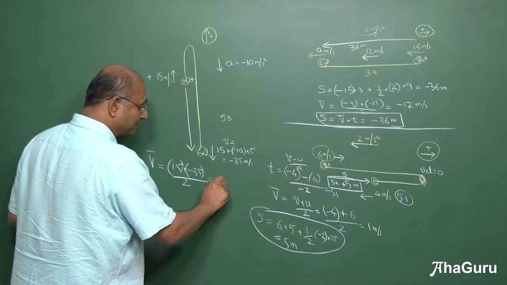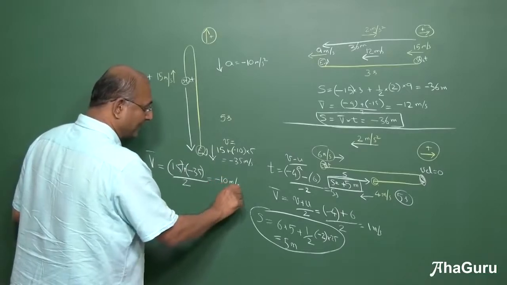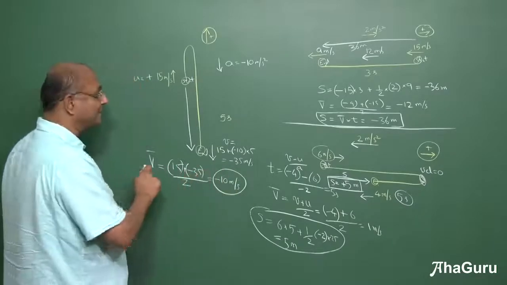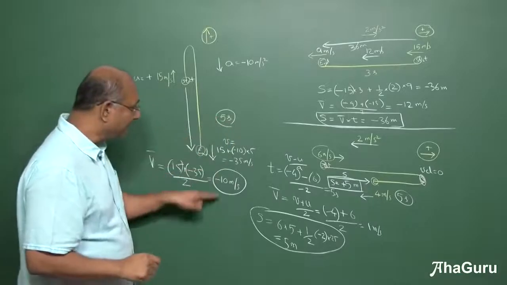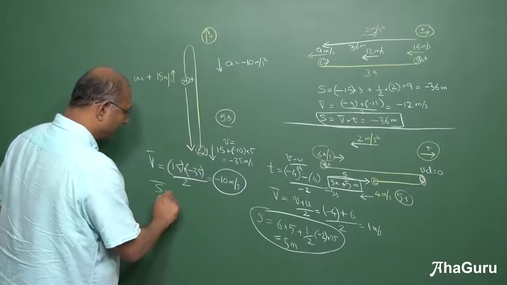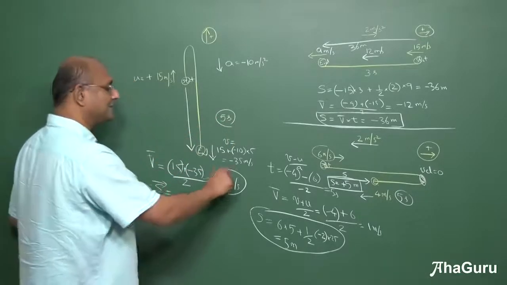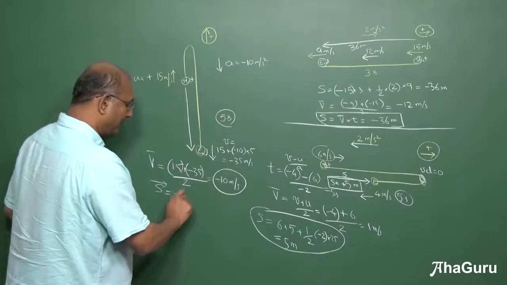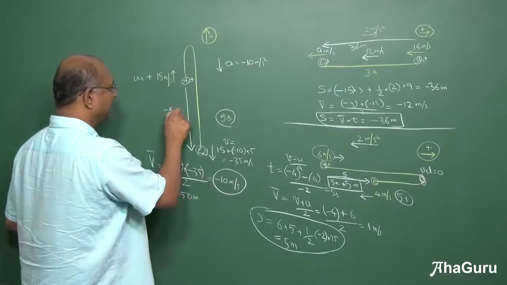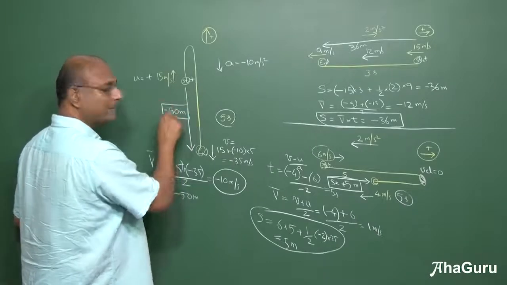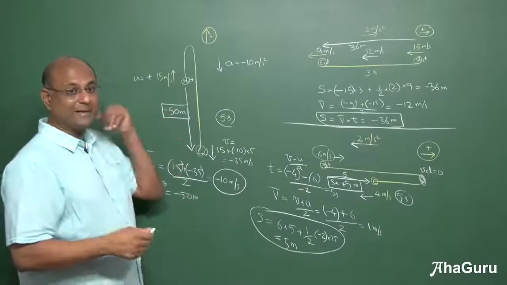Minus 20 by 2 is minus 10 meters per second. Average velocity is minus 10 meters per second. Time is 5 seconds, displacement must be equal to minus 10 into 5, minus 50 meters. This is minus 50 meters. Is it negative? Yes, it is downward, so it must be negative.